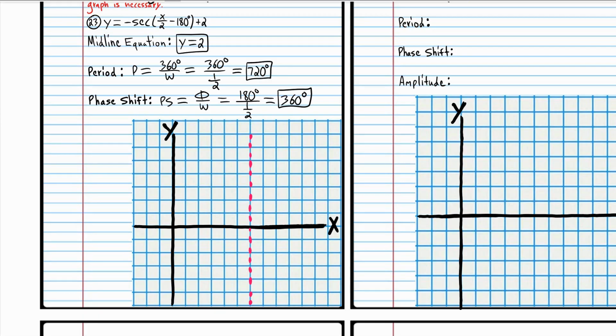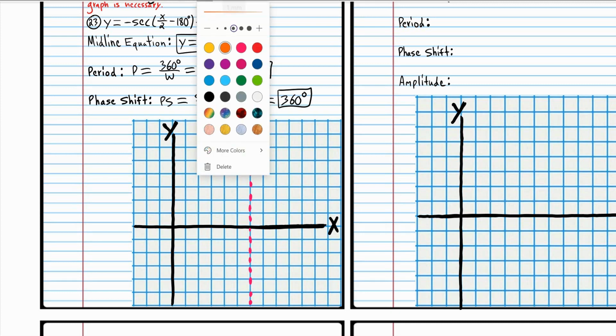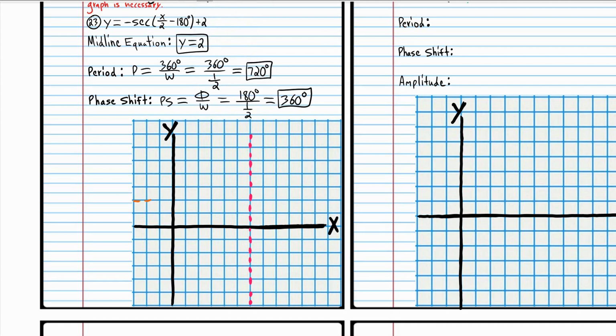And our midline equation is y equals 2, so that's going to be this line here. And make that a little bigger. So that's that line there. And our graph is going to look like this, but you see the negative here. That means we're going to reflect.